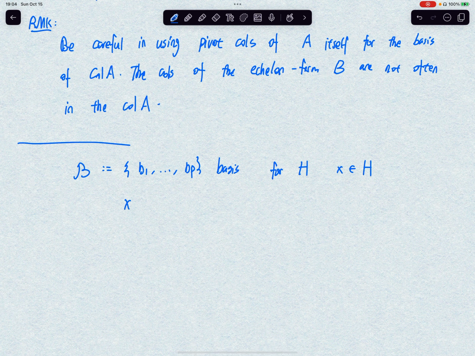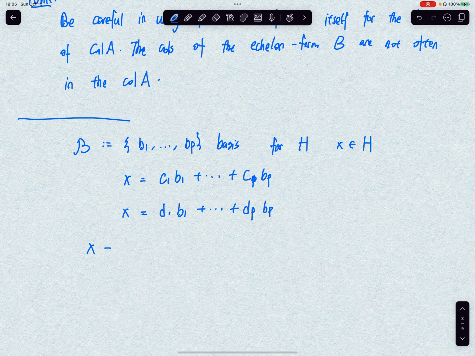Suppose x has two representations. The first is x equals c1 b1 plus all the way down to cp bp. And another representation is d1 b1 plus all the way to dp bp. So x minus x equals (c1 minus d1) b1 plus all the way down to (cp minus dp) bp.